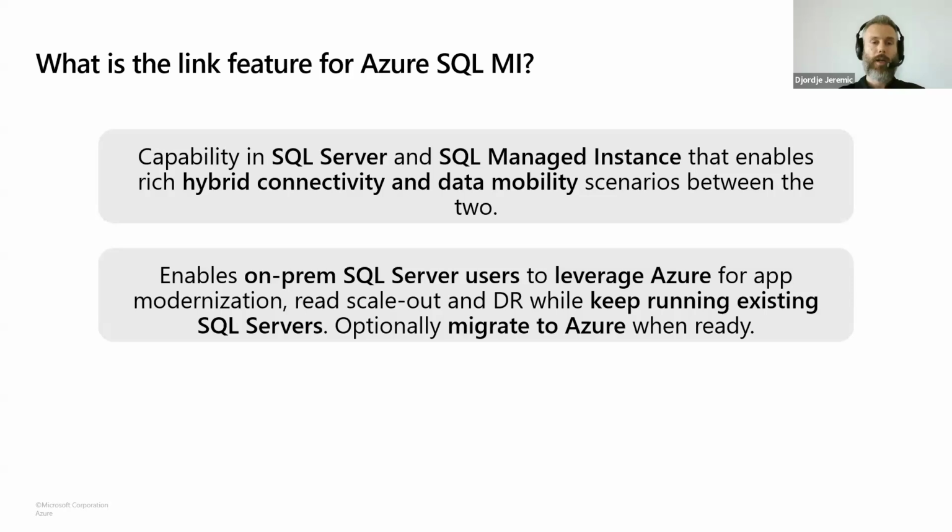You can continue running your workload on-prem, but Azure can provide a scenario such as read scale out, disaster recovery. In general, we say that you can do app modernization, and that means that you can benefit from this rich ecosystem of other Azure offerings while keeping your primary workload on-prem. If you wish to migrate your apps and databases which they support, that is made available using this feature.